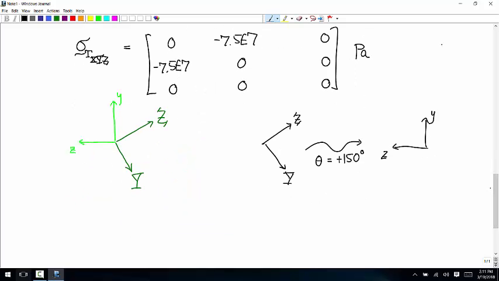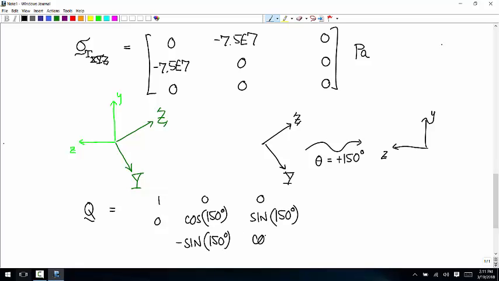And we're rotating about the positive x-axis. So our rotation matrix is 1, 0, 0, 0, cosine of 150, sine of 150, then negative sine of 150, cosine of 150.